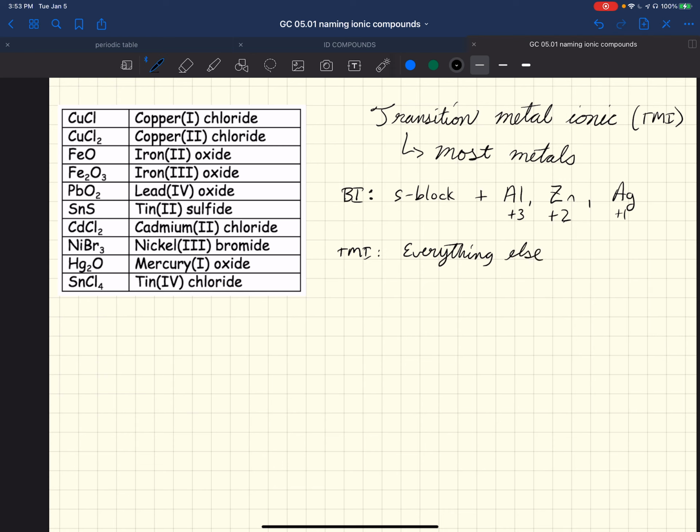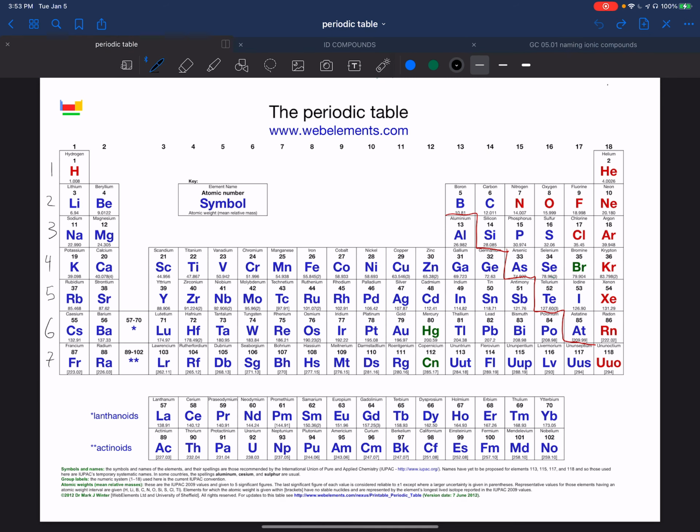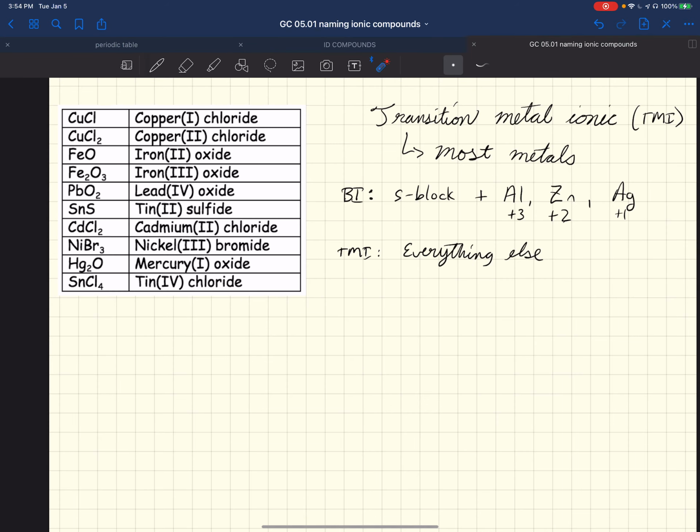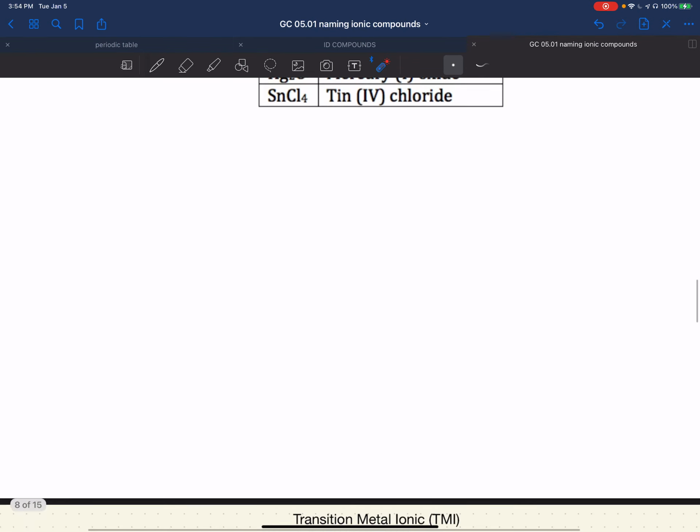All other metals: the metals in the P block, the D block, the F block. Any other metal is going to get named as a TMI. Okay? So let's do some.